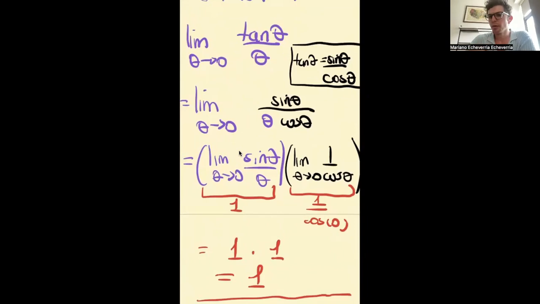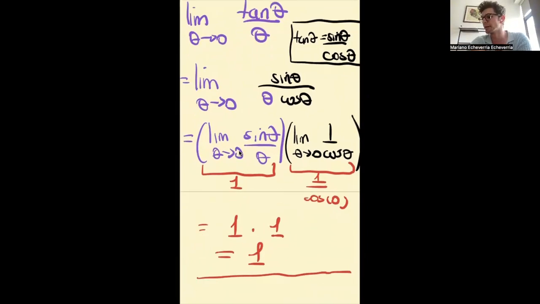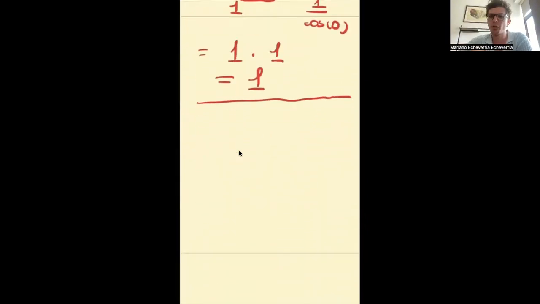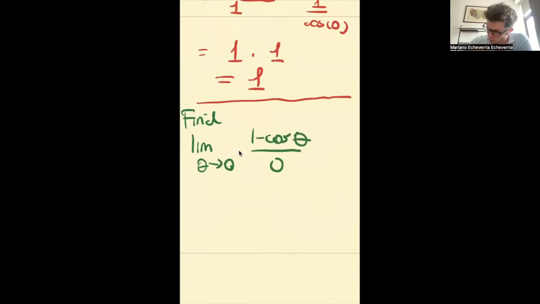Okay, let's do one more before finishing and moving to the quiz. This is another very important limit, so I'll write it down in a separate box. So here, let's try to find it. I'll give you a chance to think about it.